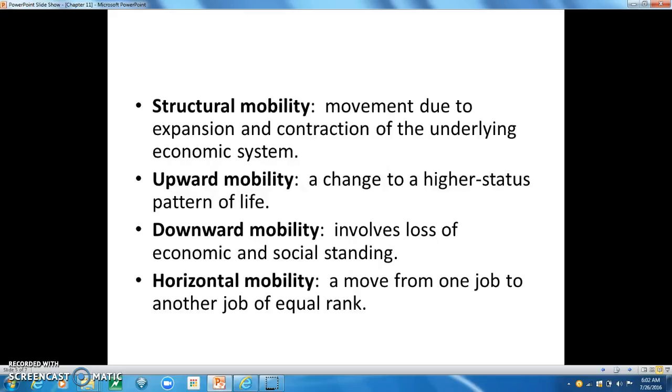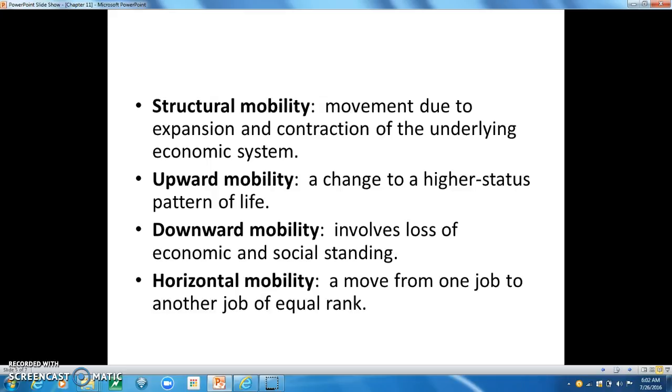Some more types of mobility that you need to be able to identify. One is structural mobility. Structural mobility is movement due to expansion and contraction of the underlying economic system. Certainly we have what is known as upward mobility.